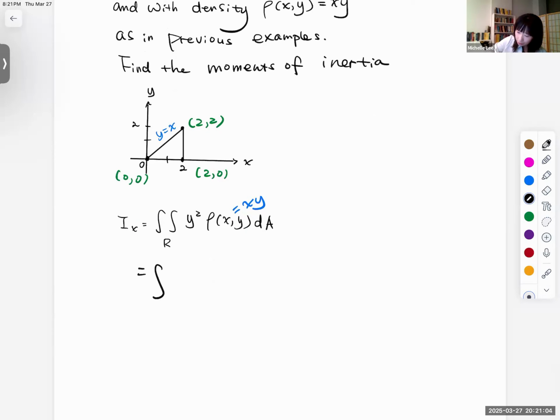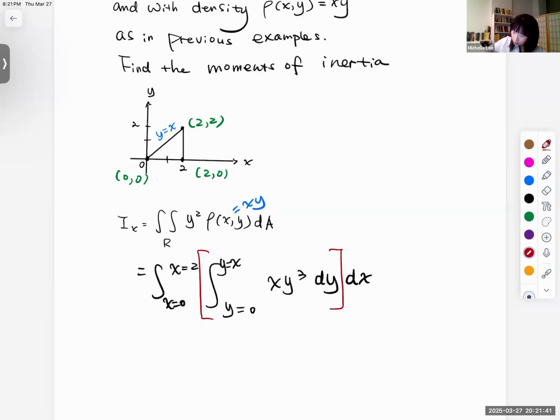So we will have x equals 0 to 2, y equals 0 to x. So we have x y to the third power, dy dx.